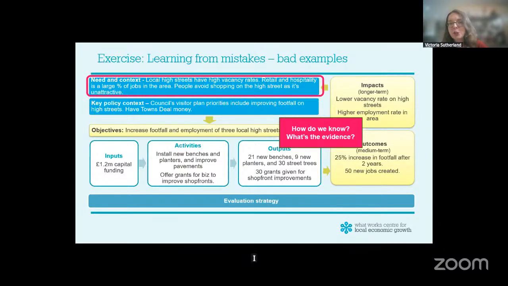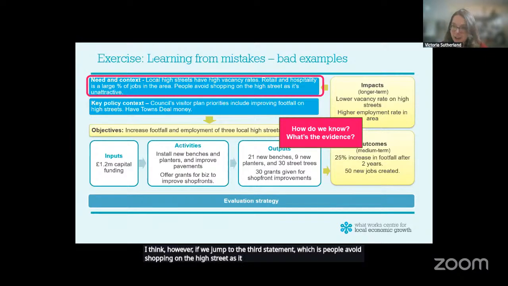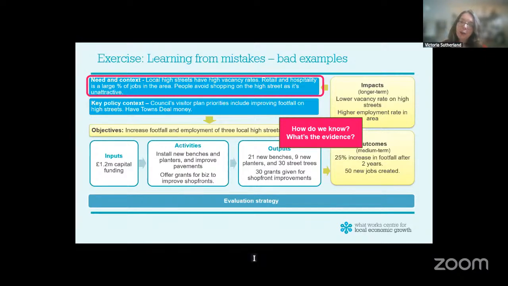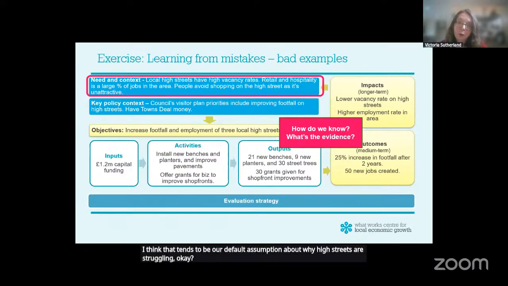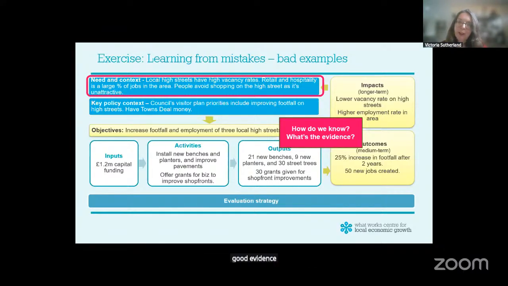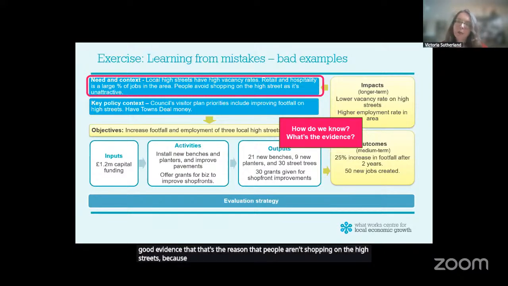I think, however, if we jump to the third statement, which is that people avoid shopping on the high street as it's unattractive, that tends to be our default assumption about why high streets are struggling, or at least one of our default assumptions. So if someone was presenting this project to me, I'd want to really understand whether we have good evidence that that's the reason people aren't shopping on the high streets, because actually there are lots and lots of different reasons.